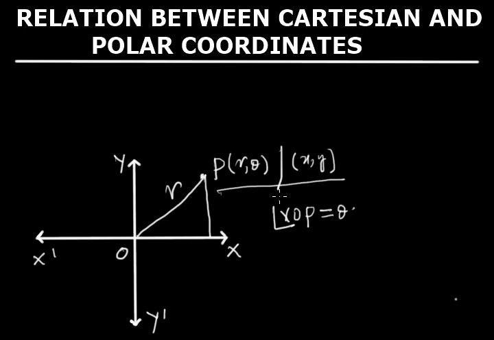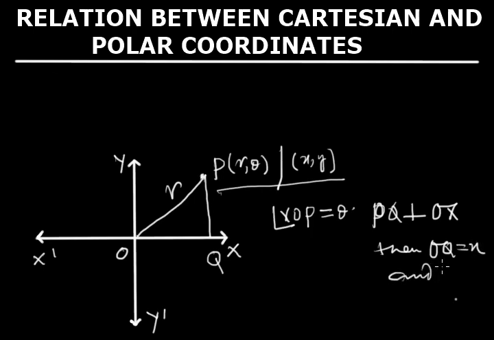And for the Cartesian coordinate system, if we draw a perpendicular line from P on the x-axis, if PQ is perpendicular on OX, then OQ equals x and PQ equals y.